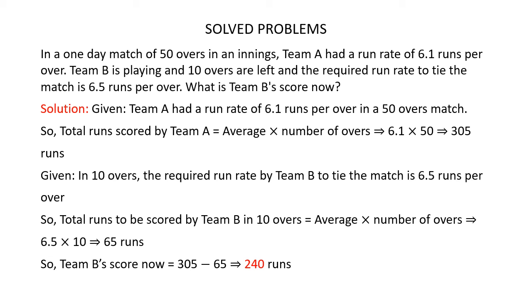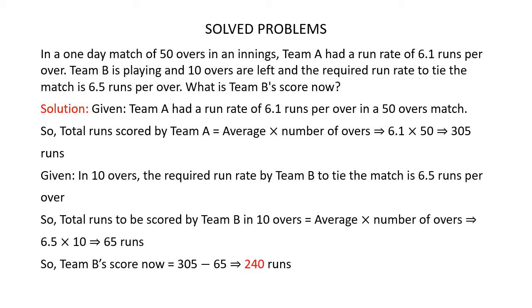Now it's given that in 10 overs, the required run rate by Team B to tie the match is 6.5 runs per over. So total runs to be scored by Team B in 10 overs is average multiplied by number of overs, which is 6.5 multiplied by 10, that is 65 runs. So Team B has to score 65 runs in the last 10 overs.